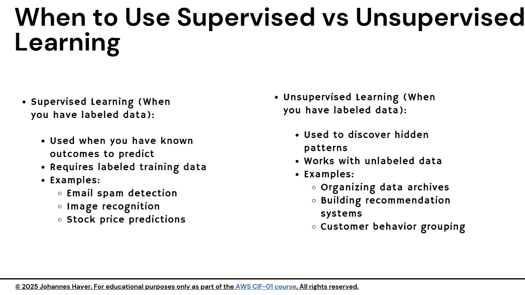It's also commonly used in recommendation systems and when organizing large datasets where you want to find natural groupings. The choice between these two approaches ultimately depends on whether you have labeled data and what you're trying to achieve. If you know the outcome in the labeled data, go with supervised learning. If you're exploring patterns in unlabeled data, unsupervised learning is your friend.